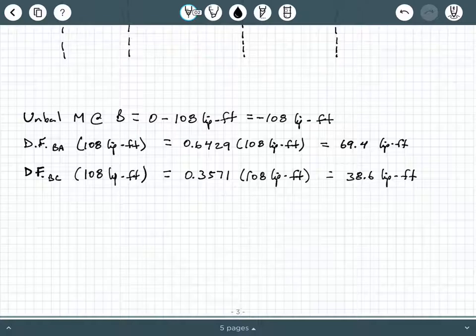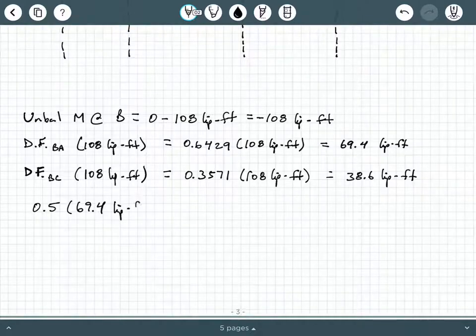And then half of each of these moments are going to get sent to the adjacent supports. So then what we're going to say is our carryover factor is always 0.5.